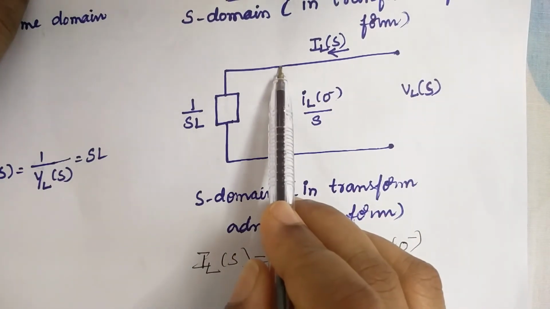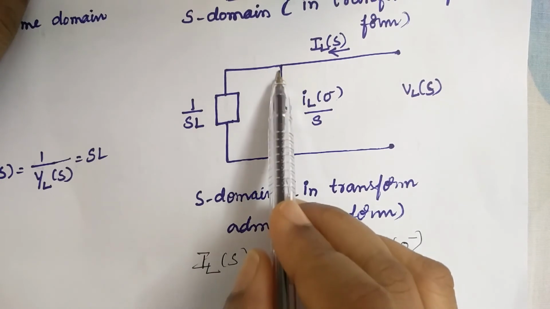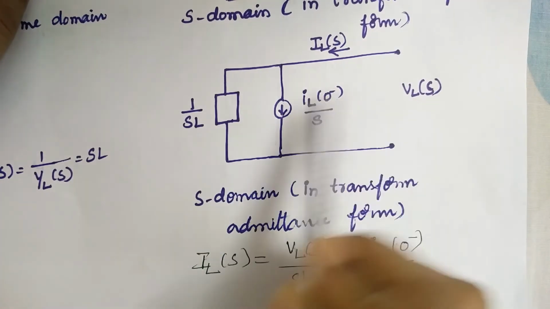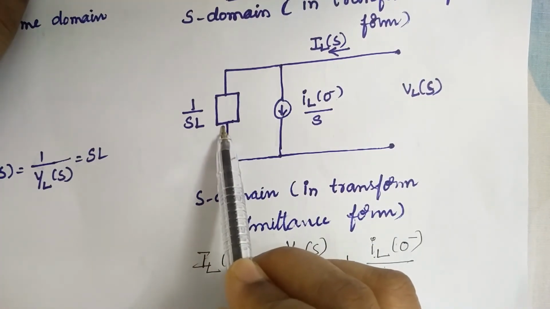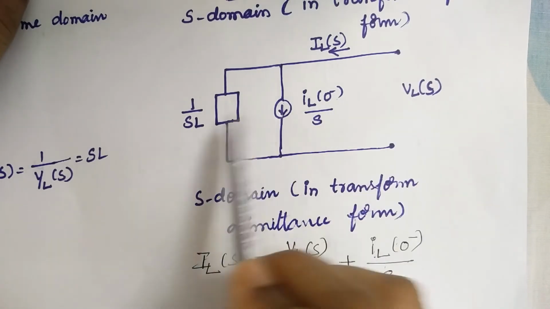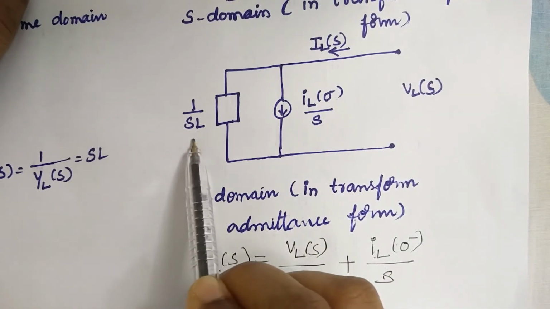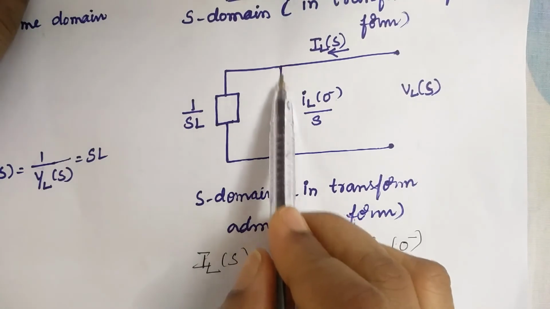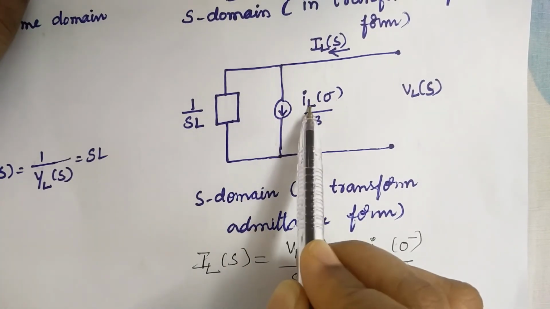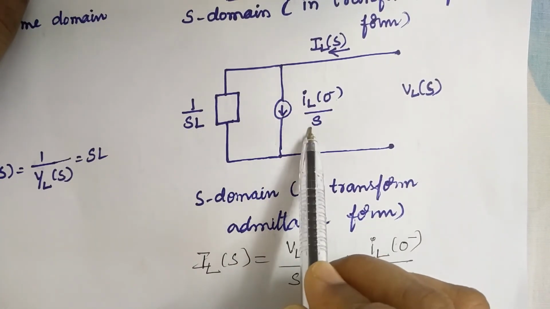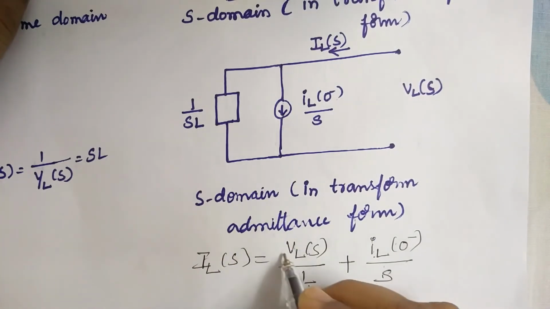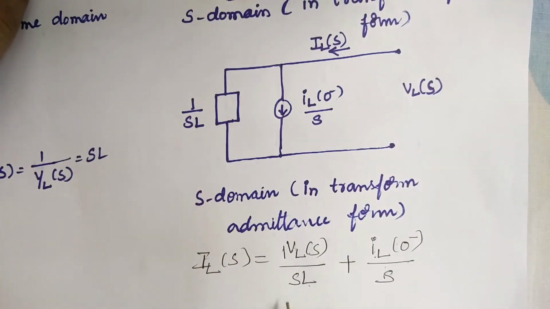So apply KCL here. IL of S is equal to what is the current here? V by this value, right? 1 by SL. So VL of S by 1 by SL, plus this one, IL of 0 minus by S. So this 1 by SL, what is 1 by SL?